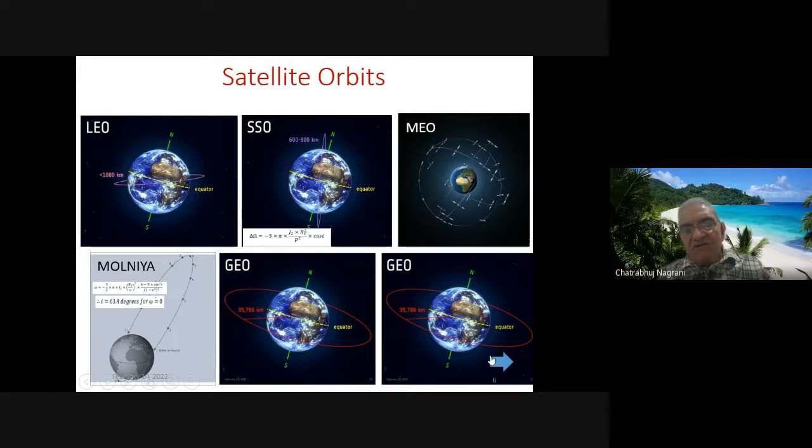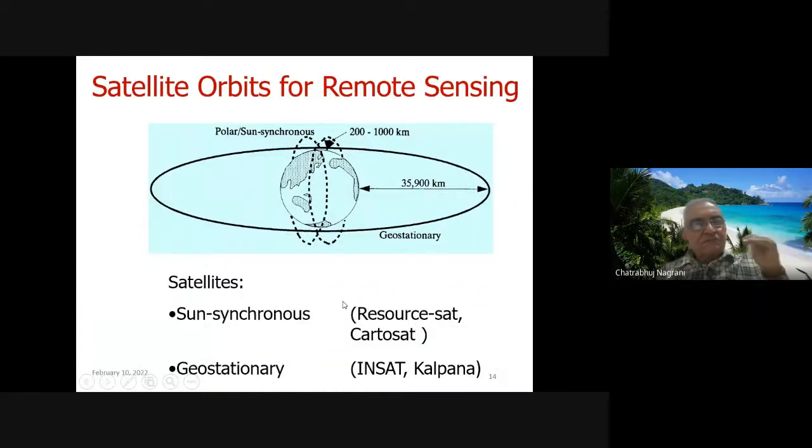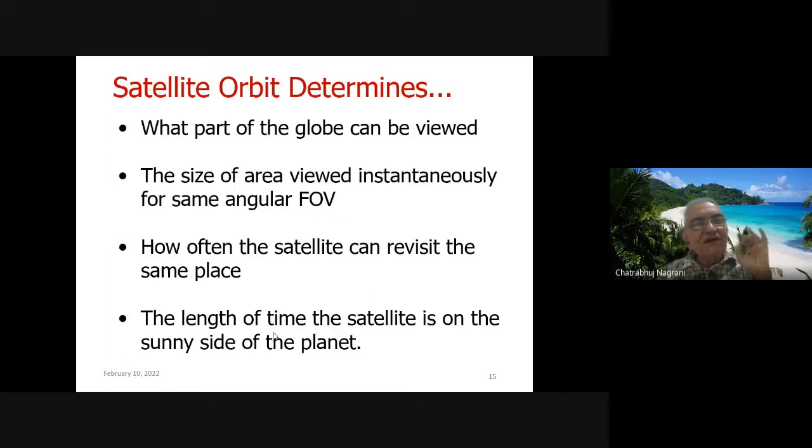Now we have seen the types of orbit which are used. In our remote sensing satellites, we use both sun synchronous orbit and geostationary orbit. You will think, why do we use two types of orbit? See, sun synchronous orbits have some advantages. The orbit determines what part of the globe you are viewing.